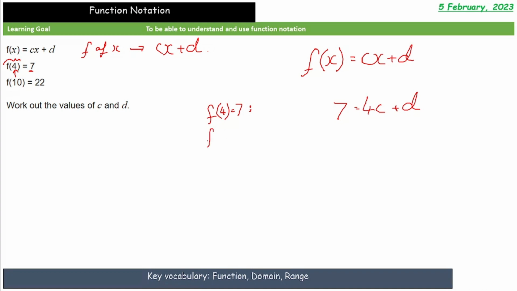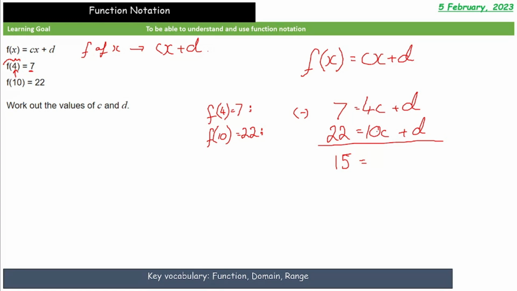And when our input is 10, our output is 22. So that means 22 equals 10c plus d. Now what you'll notice is we have simultaneous equations where these coefficients are the same. So if we subtract the top equation from the bottom equation, you're left with 15 on this side.